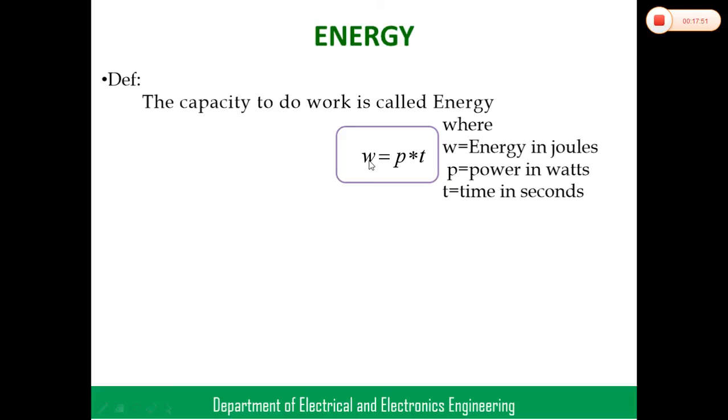The energy can be written as P into T, which can be written as W equal to the integral of P into dt, because energy is calculated over a period of time.